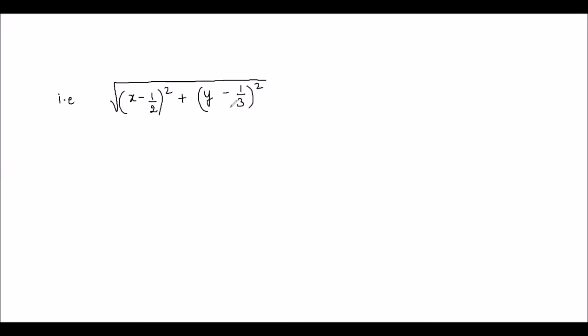This is the distance between these two points, and this distance we have considered as less than delta. Let's name this equation 1. Now we will try to find the relation between epsilon and delta.